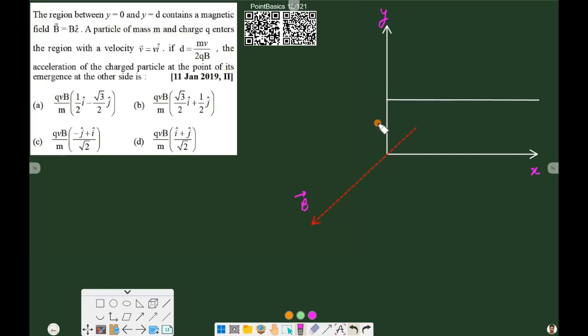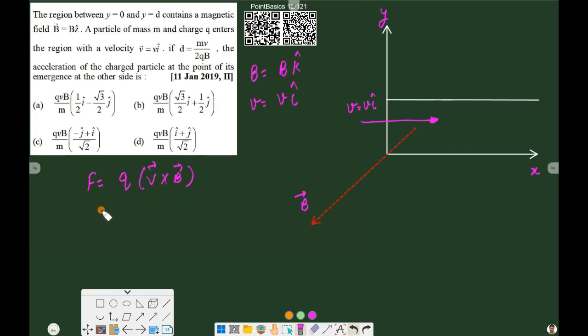So suppose there is a particle which enters here with velocity V is equal to Vi. Now, so our field is in K direction, magnetic field is in K direction, velocity is in I direction. So we can say force is equal to Q V cross B.